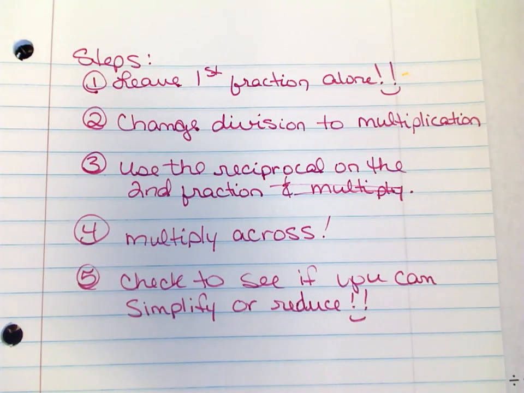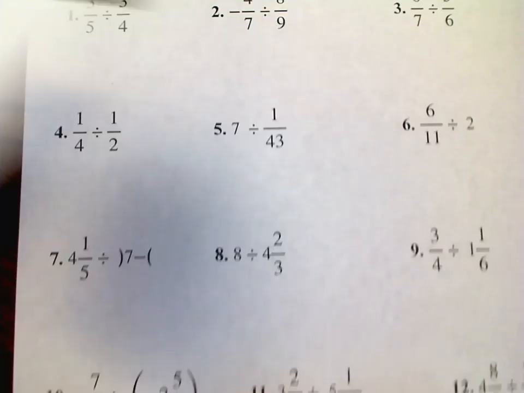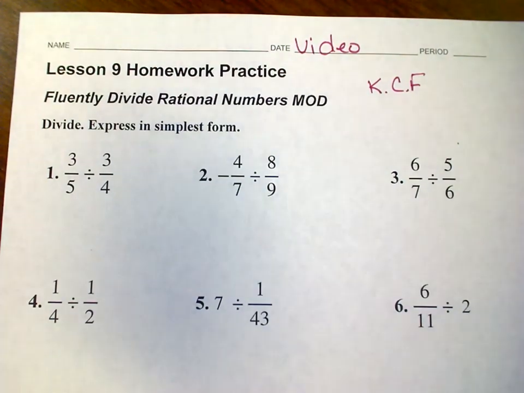Okay, so those are the easy steps of division of fractions. I did some in class, so you should have those in your notes. But we're going to go over them again.